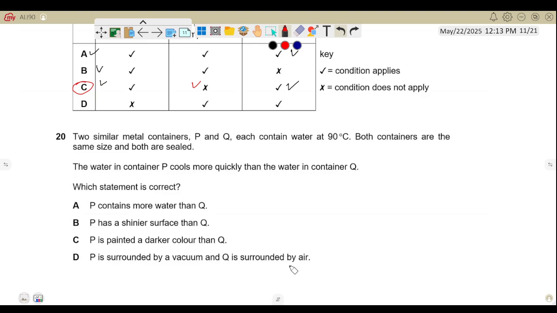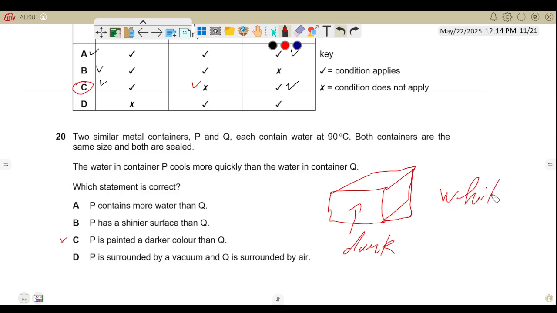So what determines this difference in emitting energy is actually the color here. As we all know, dark objects can emit or absorb the maximum of energy as they are dark. It's the opposite of the white objects.